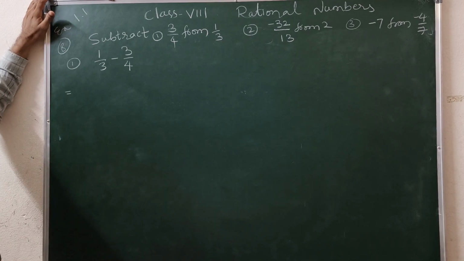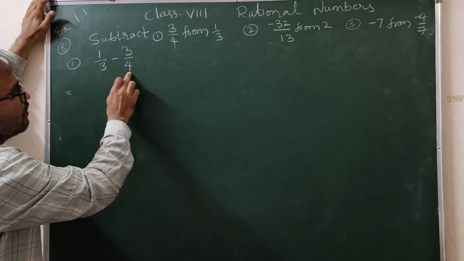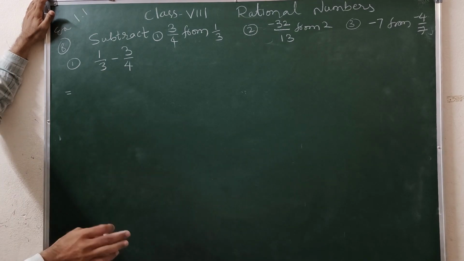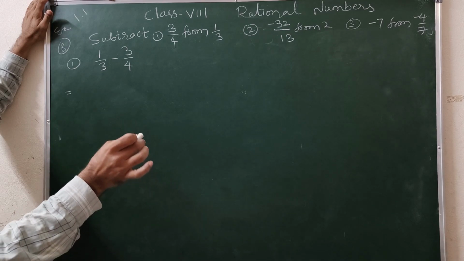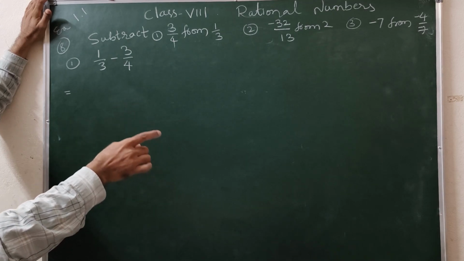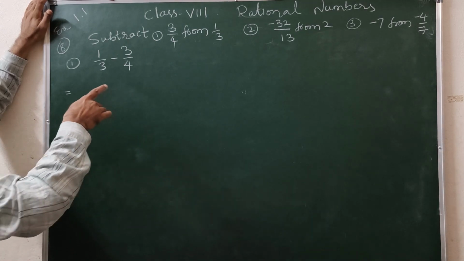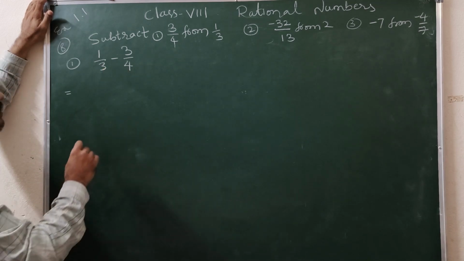Denominators are not the same. And you should know that in the 3 table and 4 table, the first number that comes is 12. 3 4's are 12, 4 3's are 12. Or else you go on writing tables beside: 3, 6, 9, 12 and 4, 8, 12. So that is called the LCM of 3 and 4, the least common multiple of 3 and 4.